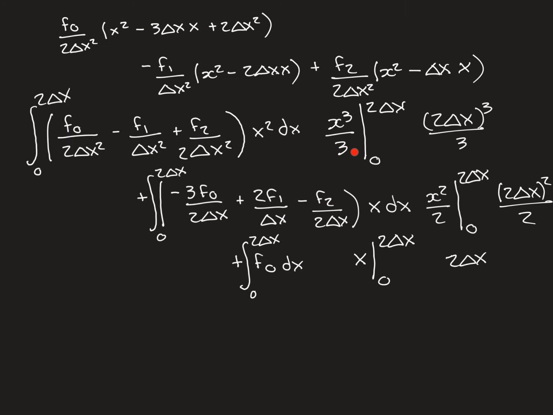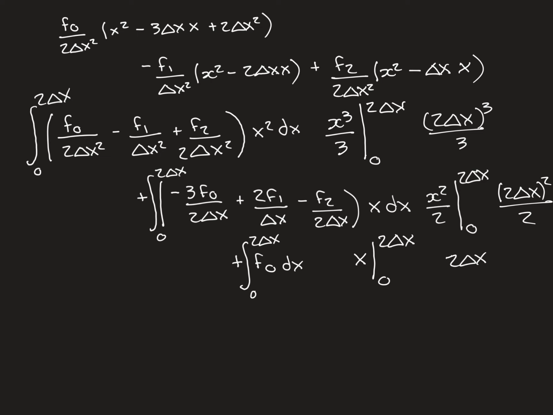So this one here is just going to be: put in 2 delta x cubed over 3 and then subtract off what 0 inputted in here is, but 0 cubed is just 0, so you're subtracting off 0. So the answer to this is 2 delta x cubed over 3 multiplied by this great big constant out the front.